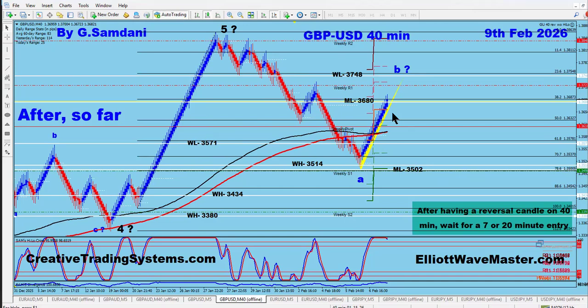Right here. See that? I said that B could be here at the 23% line, but it is almost at 78%. And usually, a lot of times, it makes the turn from 38% as well. So we're already touching 78, and it can drop right from here. This could be B, or it may go up here.